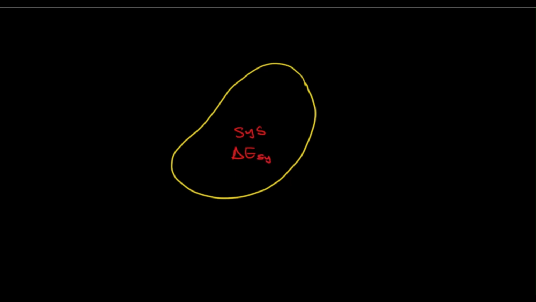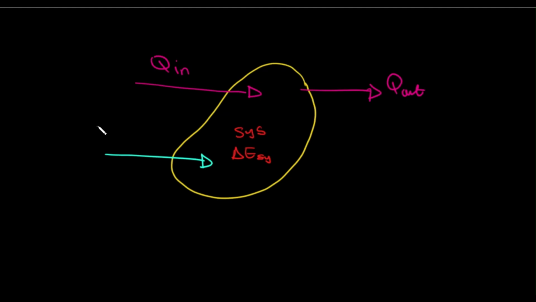It's undergoing a process because heat is being supplied, Q in, and there's some losses. There's heat being lost, Q out, and at the same time, work is being done to the system. So work in, and at the same time, work is being extracted from the system. Work out.